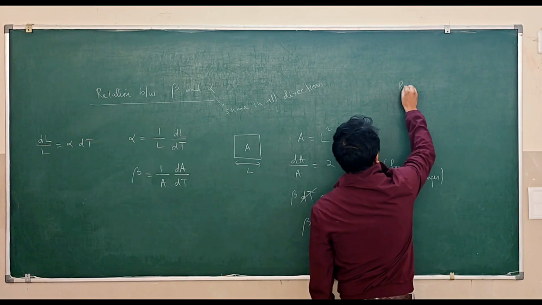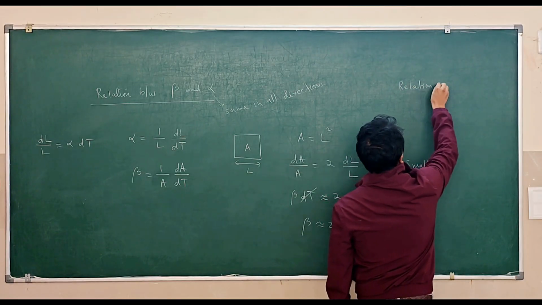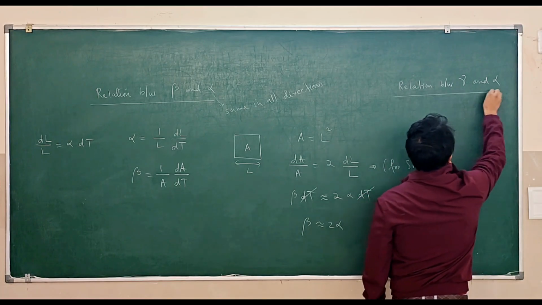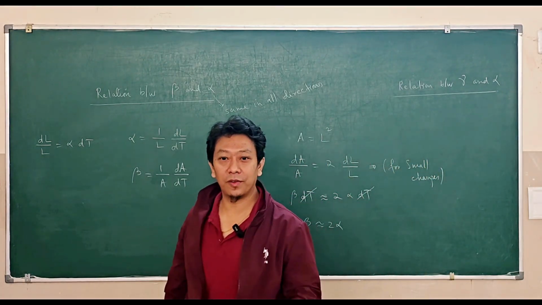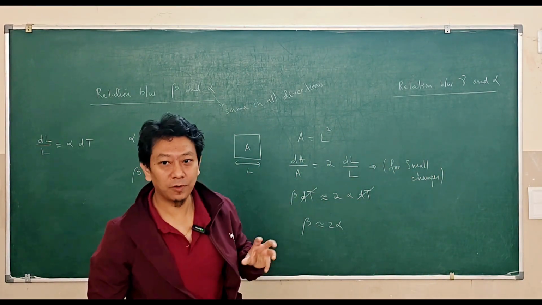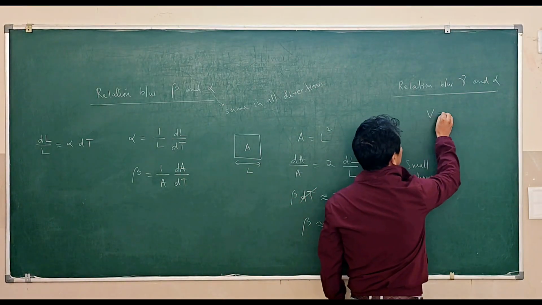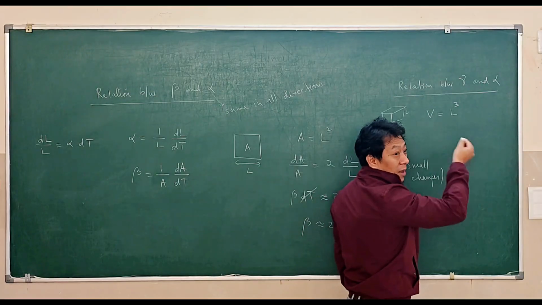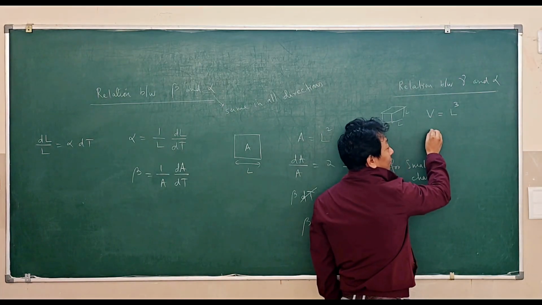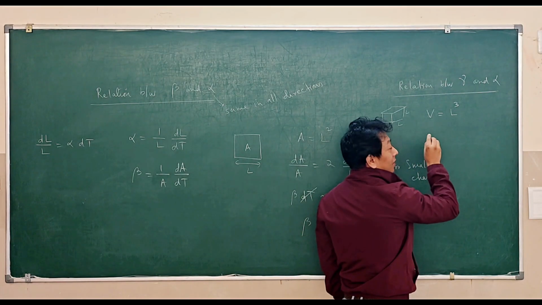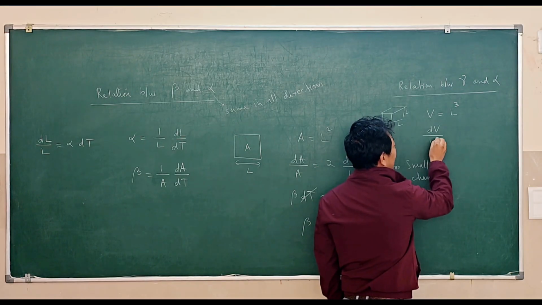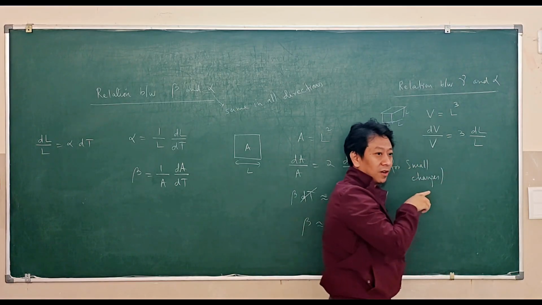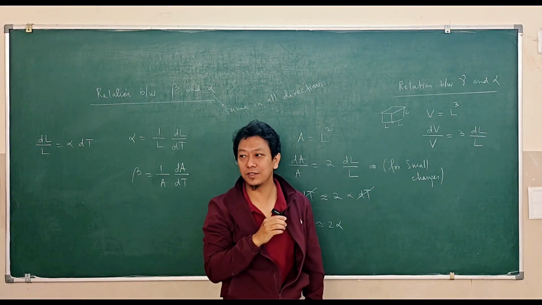Relation between gamma and alpha. For this, shall we take the volume of a cube? So what will be the volume of a cube? Side cube. Now tell my shortcut: dV by V equals 3 times dl by L. Shall I prove this once more, if you forgot, using differentiation?